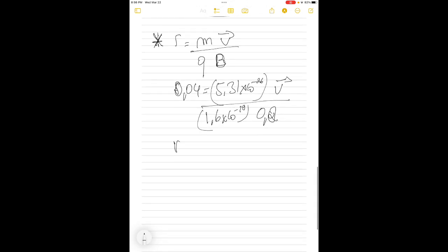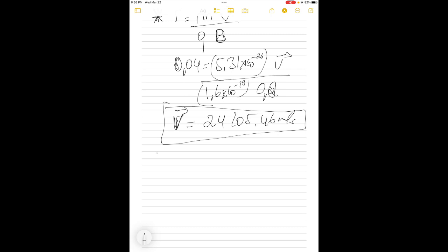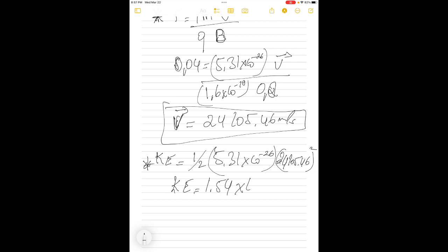And the speed is going to be equal to 24,105.46 meters per second. Then we use the kinetic energy, one half, the mass 5.31 times 10 to the minus 26 multiplied by the speed, 24,105.46, squared. So the kinetic energy is equal to 1.54 times 10 to the minus 17 joules.